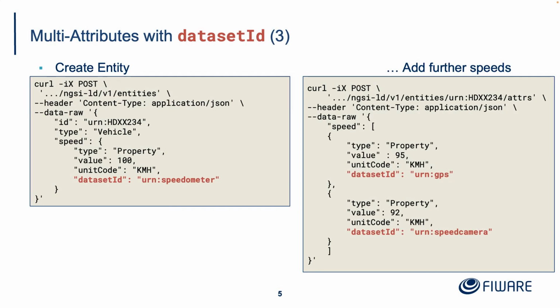So it's like having an ability to avoid having speed from camera, speed from this, speed from that as separate attribute types, which is obviously useful when you want to start retrieving information. You can see here that the ID for the actual entity, for the actual vehicle, is the same for both of those, both the create and the update. It's the same URN.